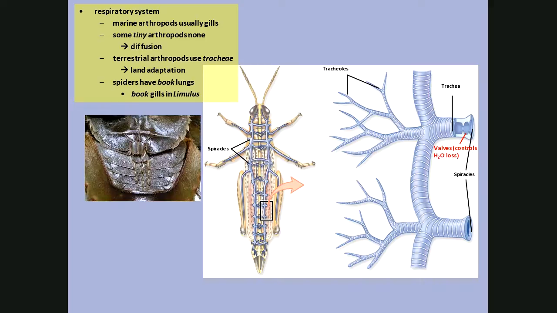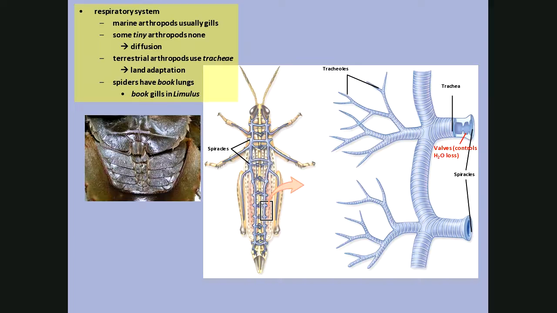So on the sides of their bodies, they'll have these little holes, these little spiracles, and the spiracles open up into a trachea, and then these trachea get smaller and smaller. Now, this is how air or gas is exchanged. And this is one of the things that makes insects so doggone successful out on land, because, now remember, they have an open circulatory system, so that's going to affect their metabolic rates.